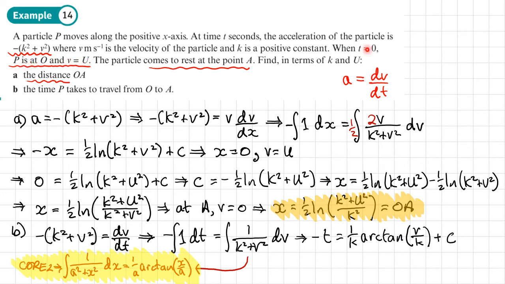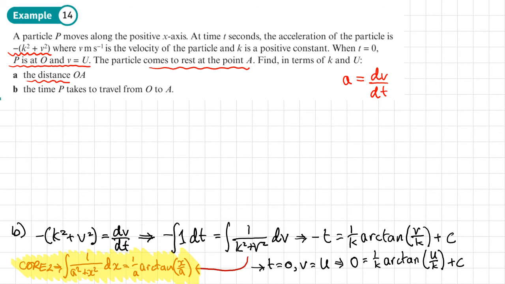When t is 0, there it is, v is big U, so we'll substitute those in. So t is 0, v is equal to big U, so that will give us negative 0 is equal to 1 over k arctan of big U over k, plus c. That means that c is equal to negative 1 over k arctan of big U over k.